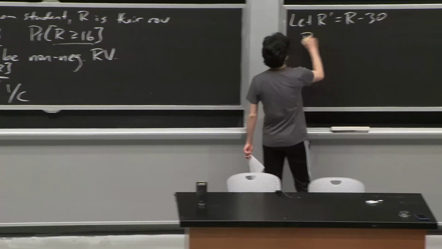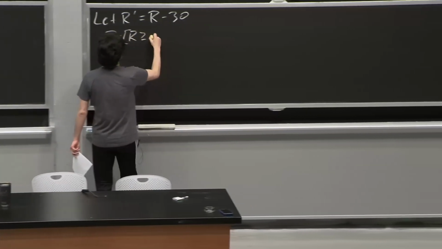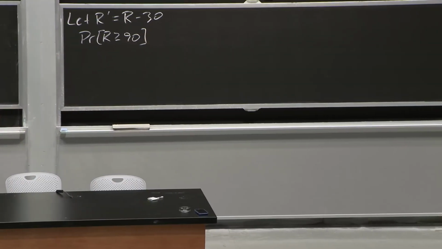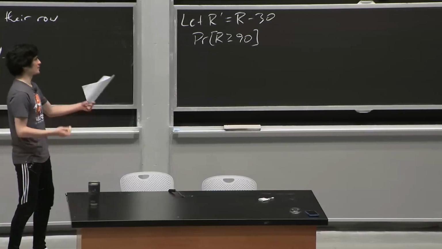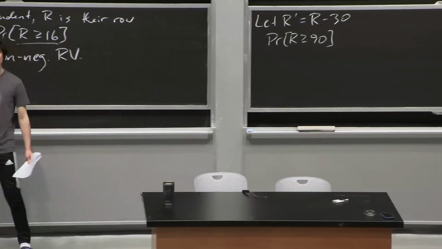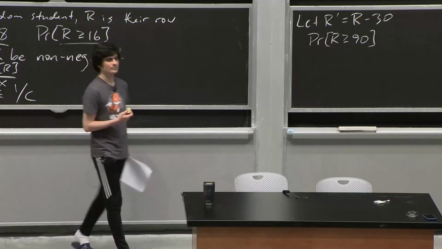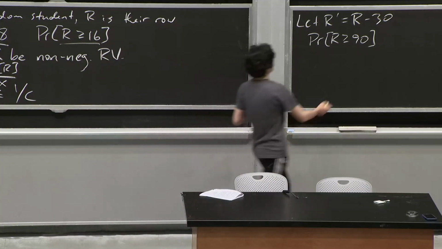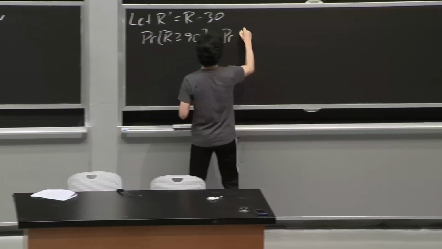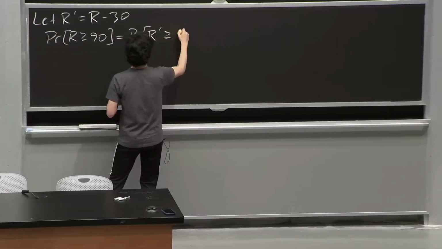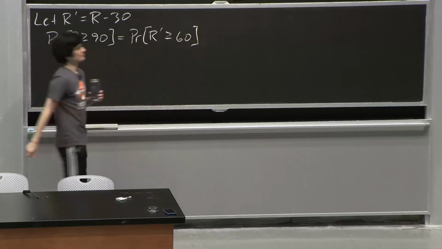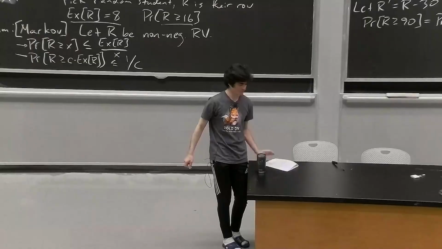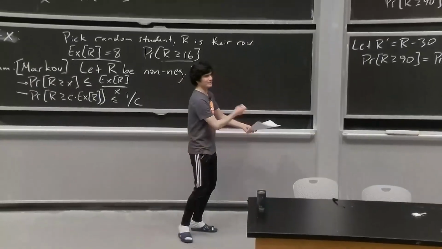What is the probability that R is at least 90? Well, what is that in terms of R prime? What is that event? Yeah. So this is the same event, and so the same probability that R prime is at least 60. Now what happens when we apply Markov to this?